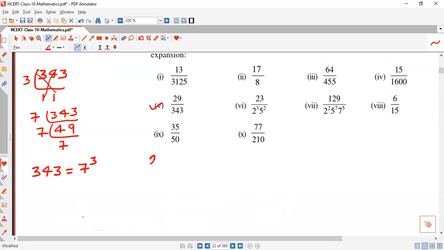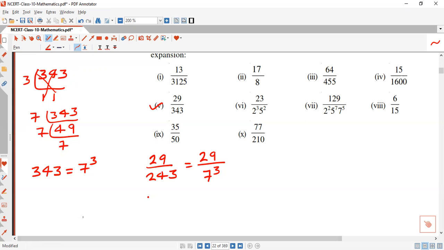So this number 29 upon 343 can be written as 29 upon 7 raised to 3. See, nothing is common in the numerator and denominator.